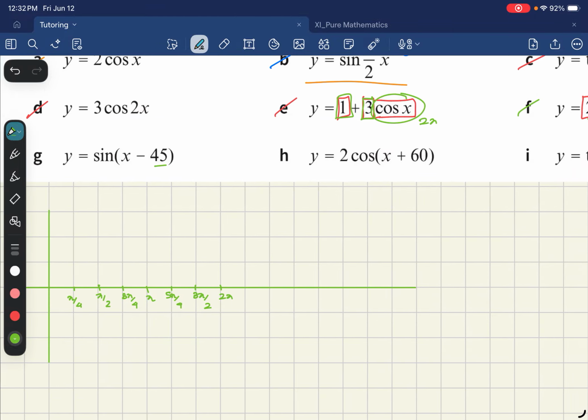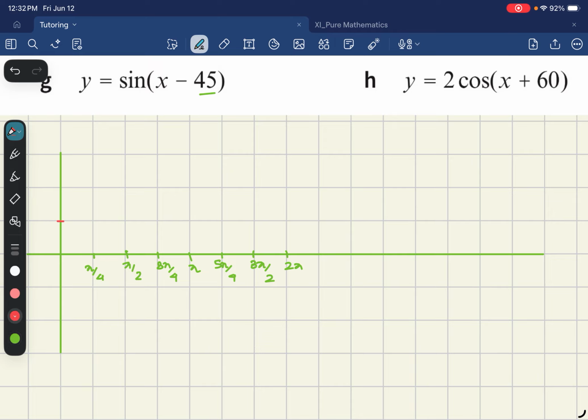Right, so this is what my regular sine graph looks like, and it goes up 1 and down -1. Sorry, at 3 pi by 2, I have 7 pi by 4 here, and then only 2 pi.